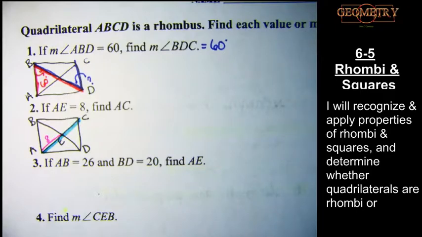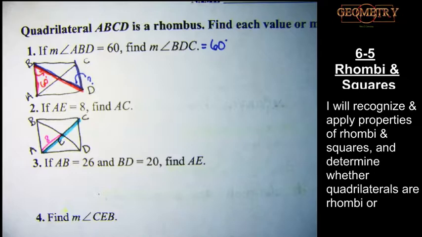What do we know about those diagonals? Well, if this shape is a rhombus, it's also a parallelogram.